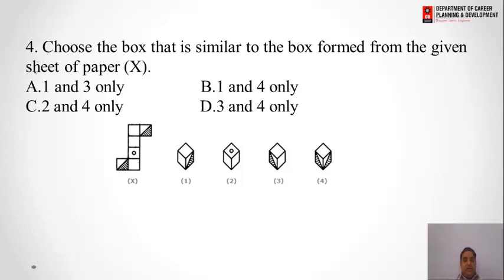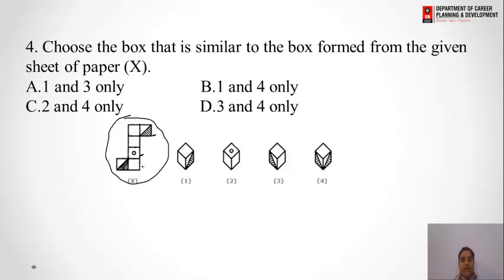Now the next question. Choose the box that is similar to the box formed by the given sheet. Like the sheet like this, what should be the answer? Now we know that the circle is adjacent to this shaded part, whereas this shaded part is opposite to another shaded part.